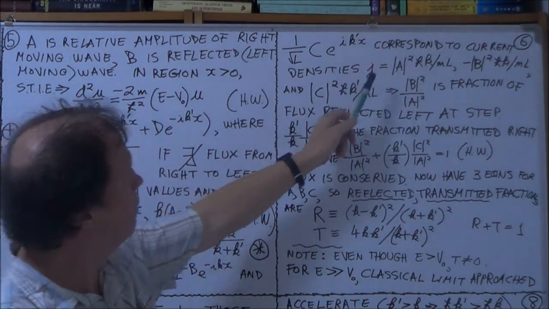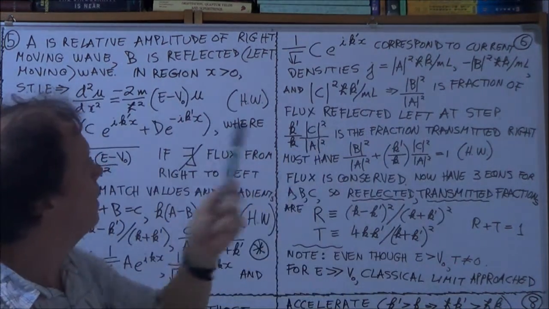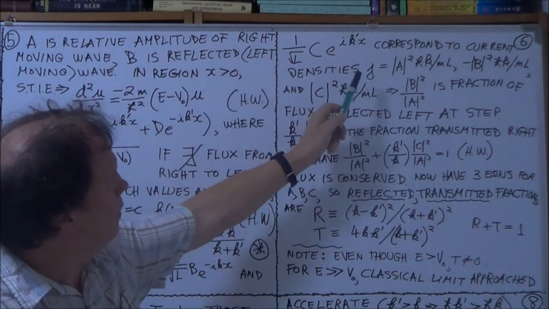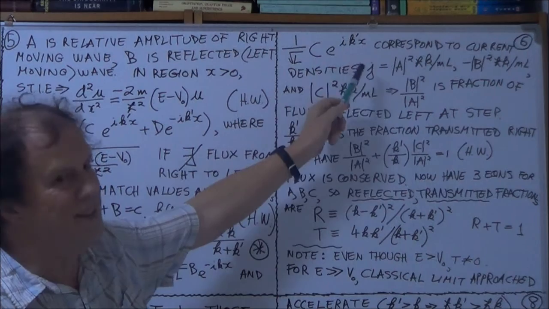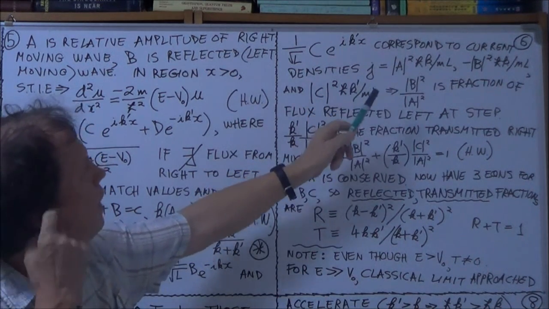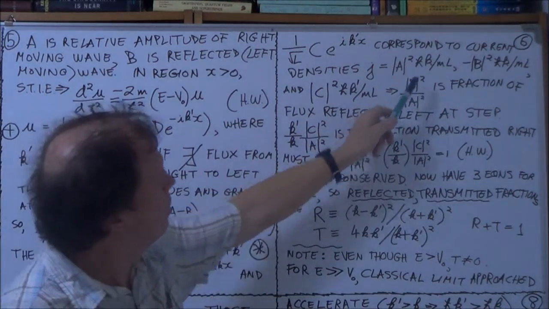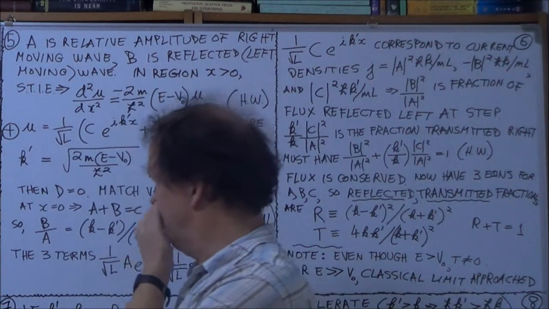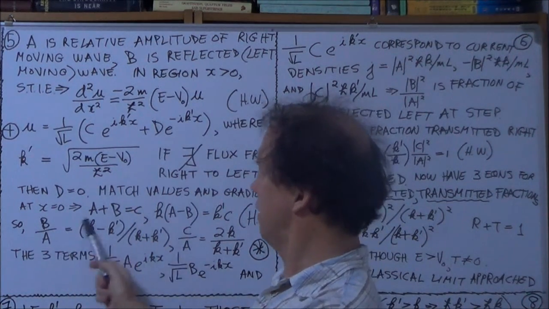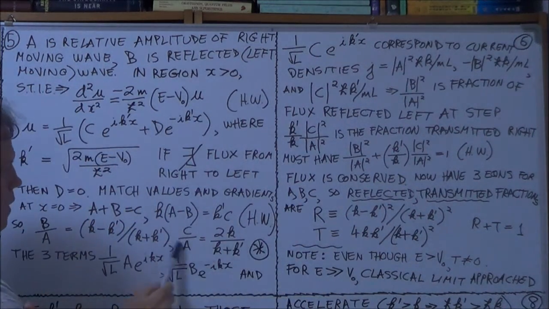So you'll have these three values corresponding to the A term, the B term, and the C term. So in terms of your current densities, how much current per unit volume, in effect, you have these three terms. So B squared over A squared, and remember you got B over A, you calculated that it was this quantity here, and similarly for C over A here.